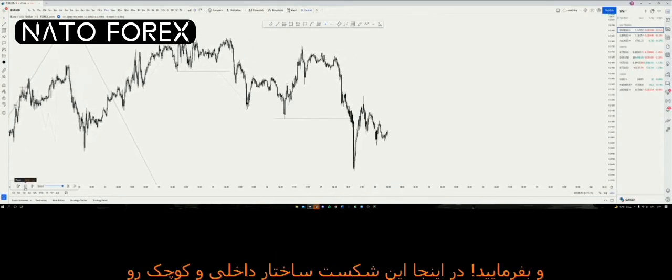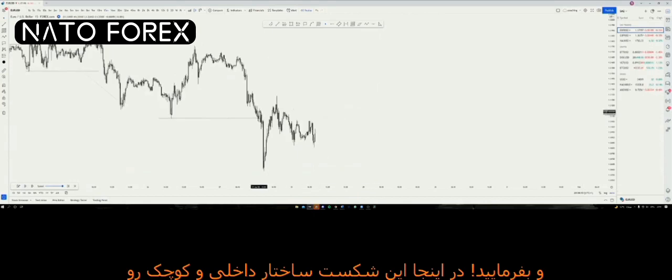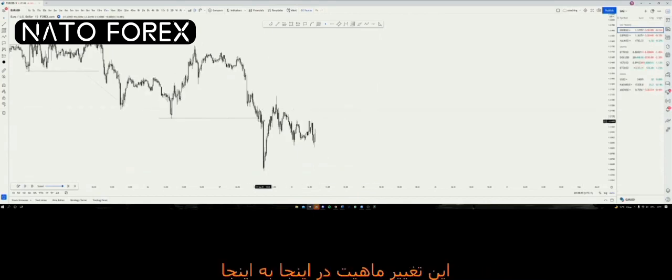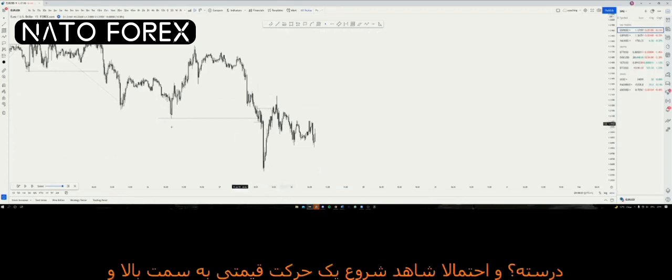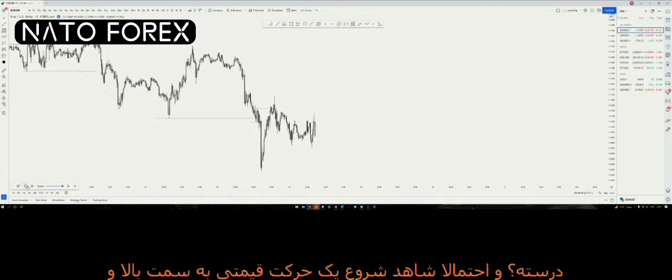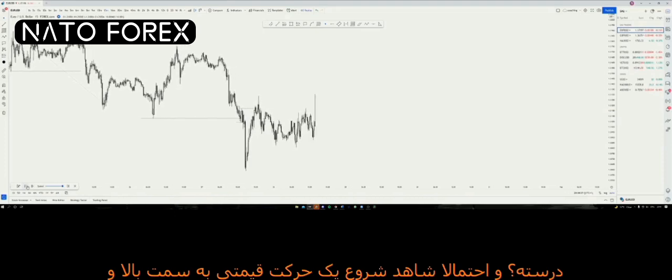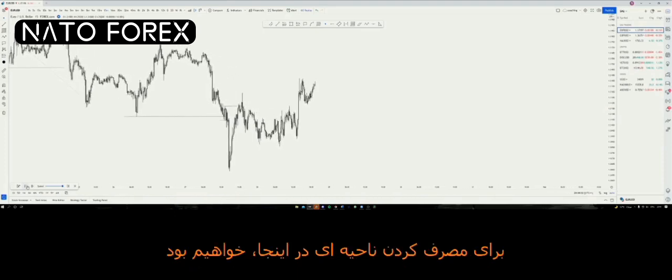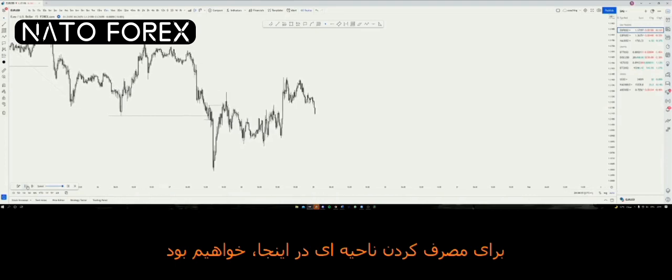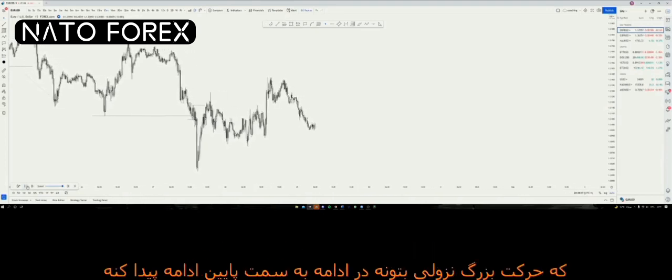And here we go, we get this more minor internal break, this CHoCH here, change of character here to here, and we might well start seeing a continued move back up to mitigate something in here, to continue this larger move down.